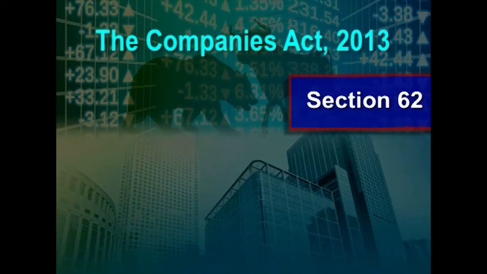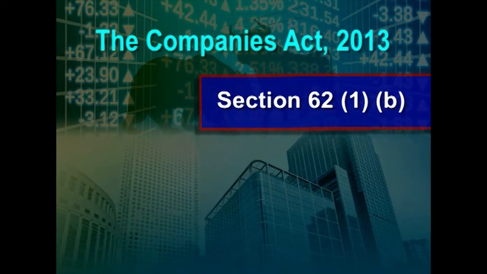This number is not to include qualified institutional buyers and employees of the company being offered securities under a scheme of employee stock option as per the provisions of Section 62, subsection 1, clause B.